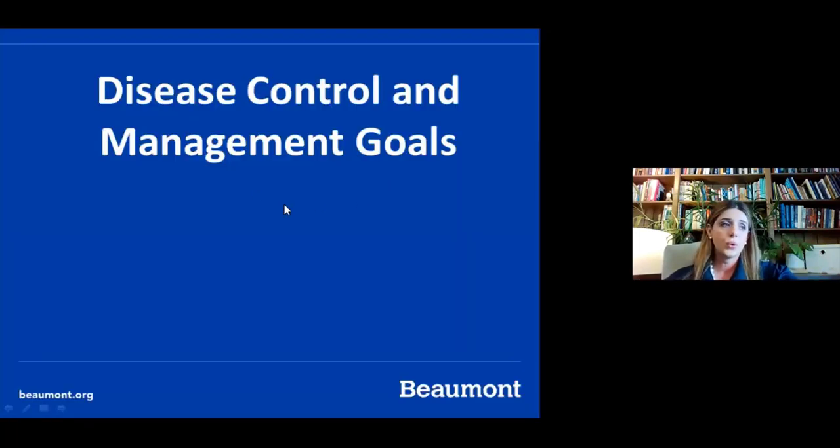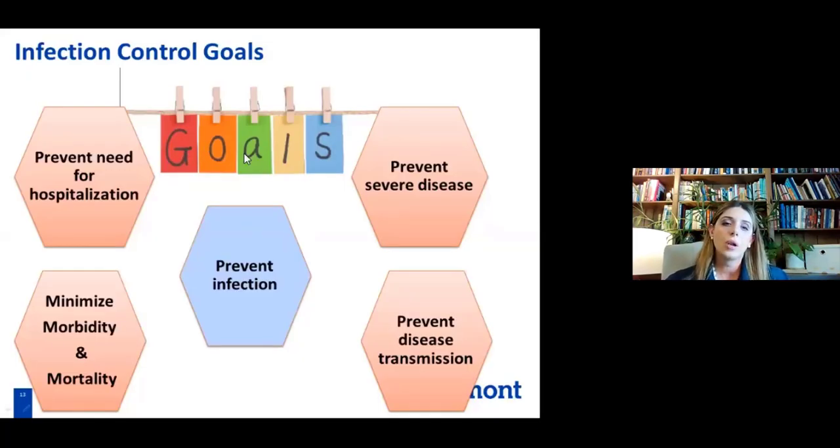So what do we do to control and manage the disease? What is our goal, how do we put a control on this disease? I'm not going to talk about treatment regimens because that's not the focus of this presentation. It's really more infection control and another layer, which is the vaccine. The overall goal of COVID management or control is to prevent infection, to prevent ourselves from getting the infection.